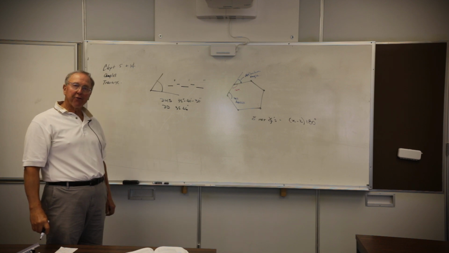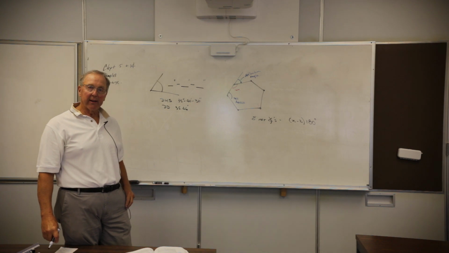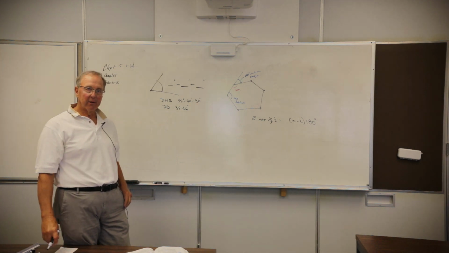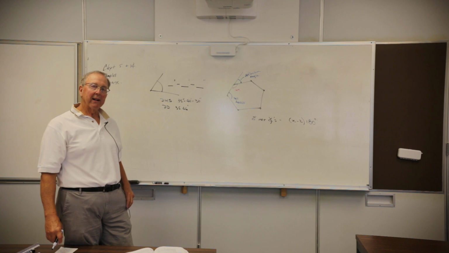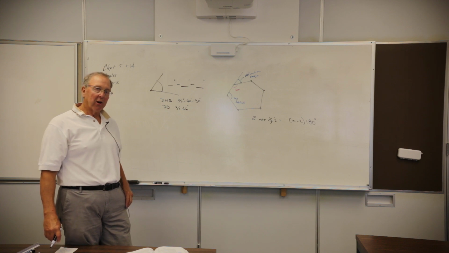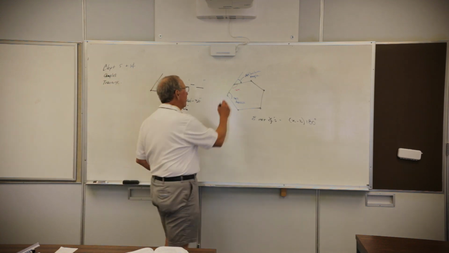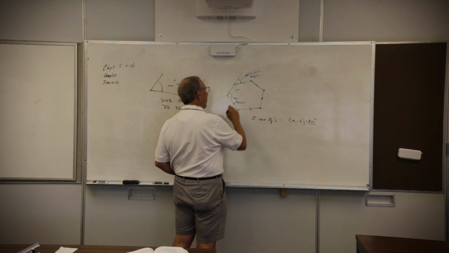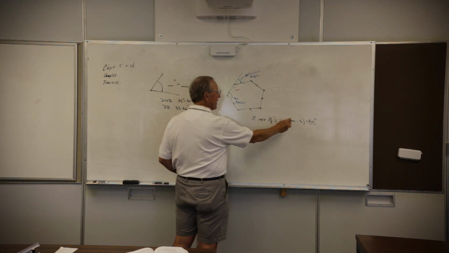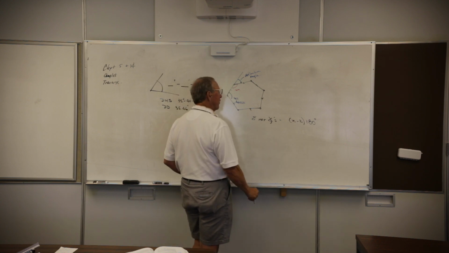A triangle would have 3 sides. 3 minus 2 is 1, times 180 is 180 degrees. Makes sense. A rectangle has 4 sides. 4 minus 2 is 2, times 180 is 360. This one has 1, 2, 3, 4, 5, 6 sides. 6 minus 2 is 4, 4 times 180 is 720.